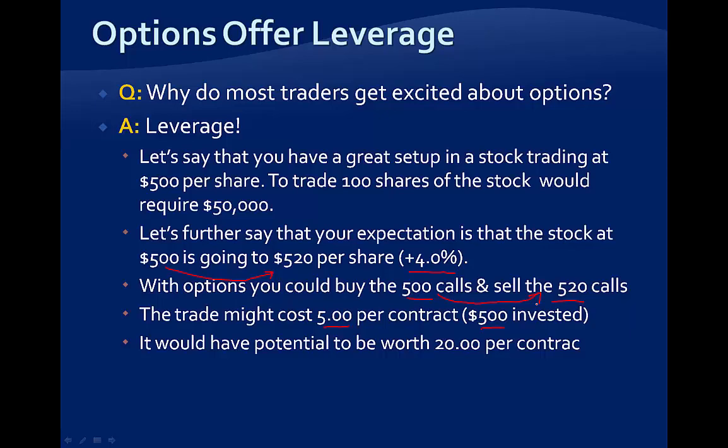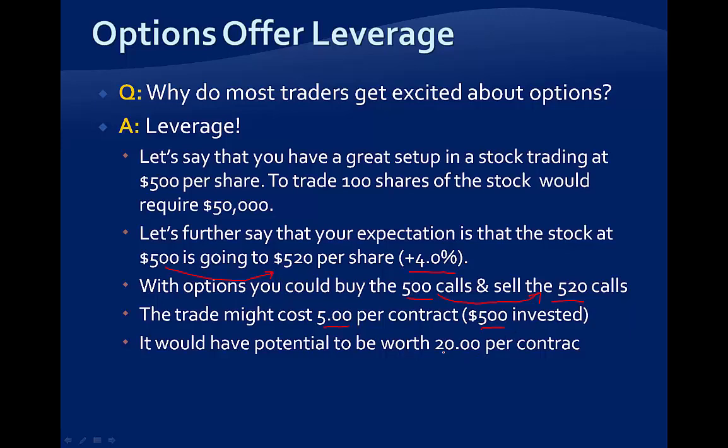So if you think that the stock's going to 520, you can position that so that it is literally just exactly at 520 where you make your max profit at expiration. So if that stock does get to 520 or higher and it's sitting there at expiration, you're going to have your max gain, and you're going to make your upside.